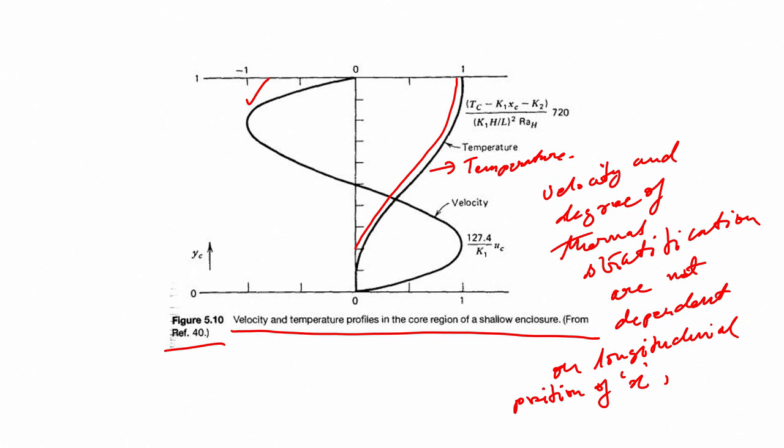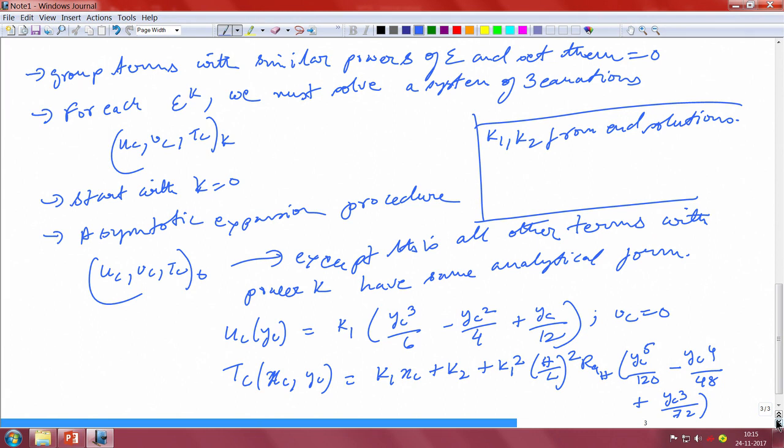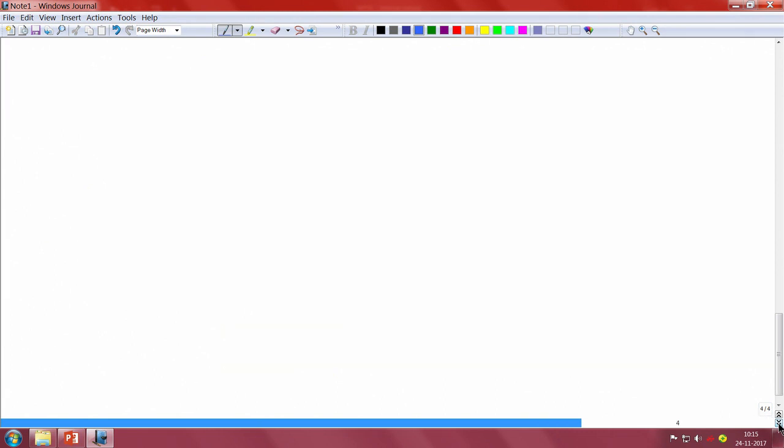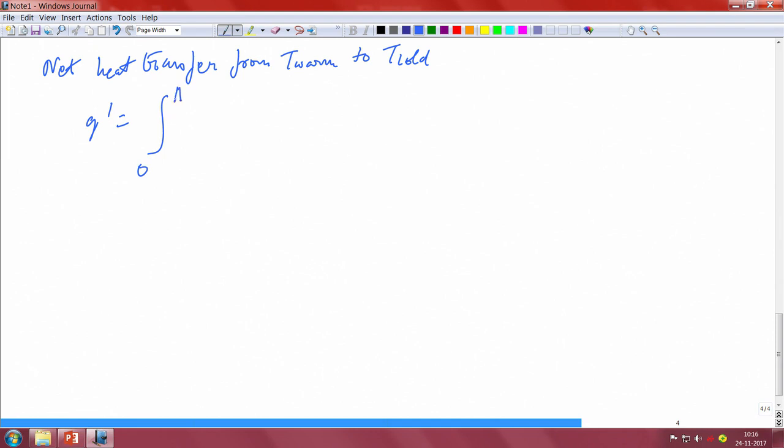So, going back now, if we look at the heat transfer argument, the net heat transfer from T warm to T cold, that is Q prime. Again, this is not very difficult. It is the same form as what we had in our earlier discussion.